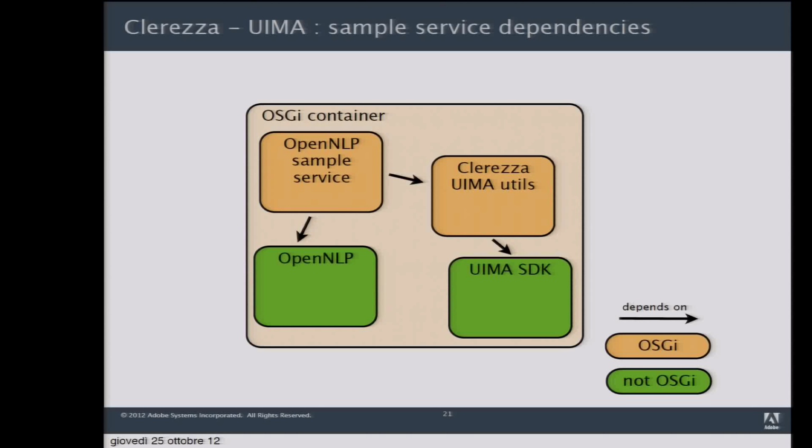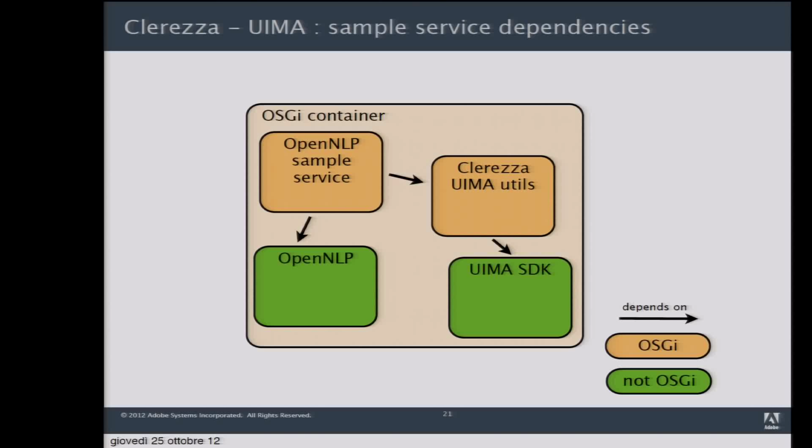So what are the dependencies? Because we are going to see that we'll have some problems with class loading. Our sample service has two dependencies: the Clerezza UIMA utils, which is our adaption layer, and OpenNLP, which has the components for analysis, while the Clerezza UIMA utils has a dependency on the UIMA SDK.